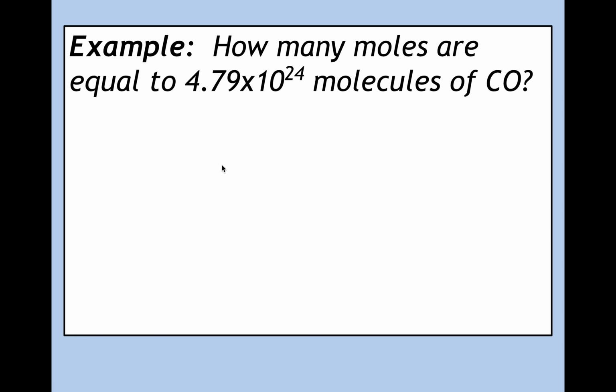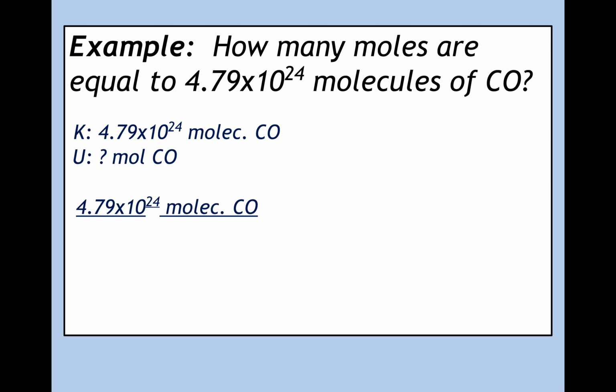Here's another one. How many moles are equal to 4.79 times 10 to the 24 molecules of carbon monoxide? We know we're given the amount of molecules of carbon monoxide. We're asked to find out how many moles of carbon monoxide. The first step is to take our known and put it over the number 1.